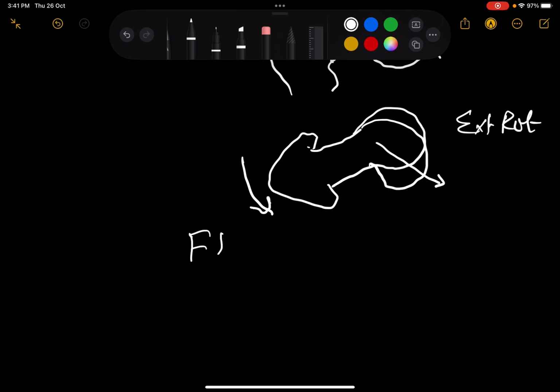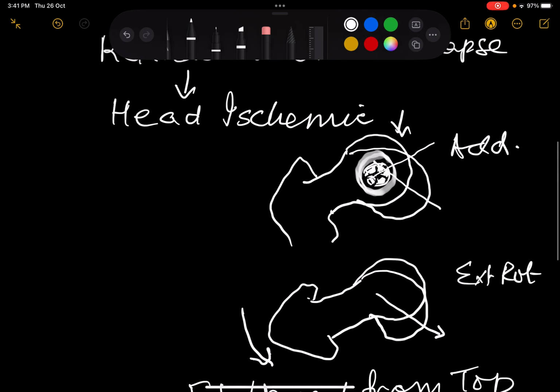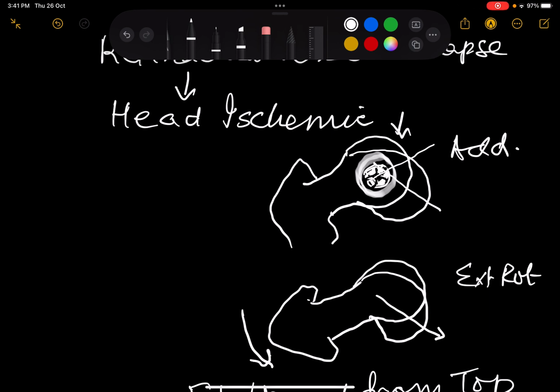So we say it is flattened from top and anteriorly. From top, the adduction deformity; from anterior side, the external rotation deformity. So this is the pathology of Perthes disease.